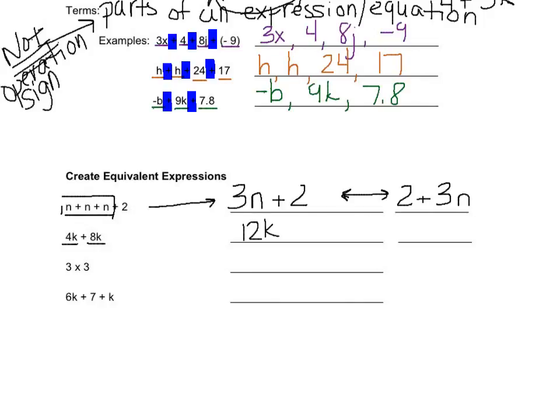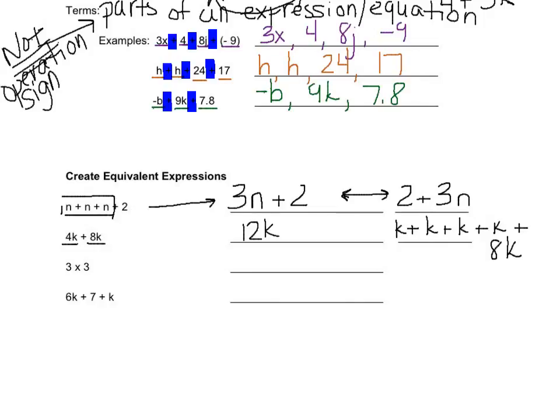Now there is one other option to making an equivalent expression. And the first one that I did, I combined the variables. But to make an equivalent expression, you can also uncombine them. So this second line is really short, but I could separate them all out. K plus K plus K plus K. So there's my 4K. And then I could say plus 8K.